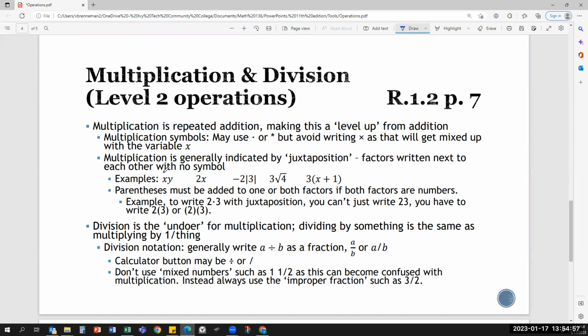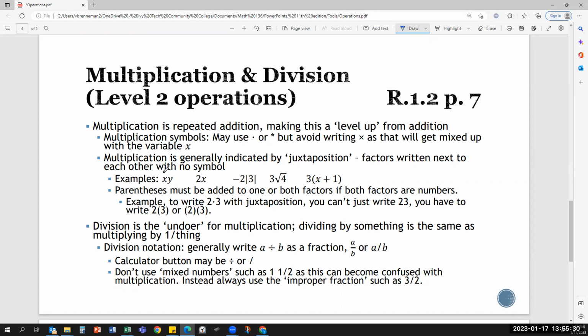But typically what we use actually is what's called juxtaposition, where the factors are simply written next to each other with no symbol. So xy, 2x, -2 absolute value of 3. So the -2 would be multiplied by the result of the absolute value of 3. 3 square root of 4, same thing, the 3 is being multiplied by the square root of 4. 3 parentheses x plus 1, so 3 is being multiplied by that grouping of x plus 1.